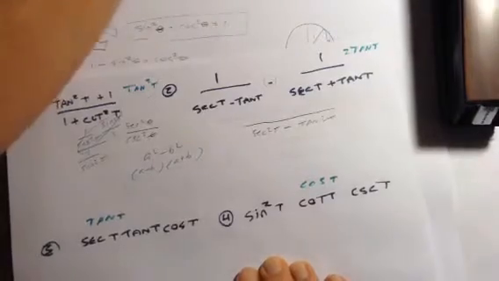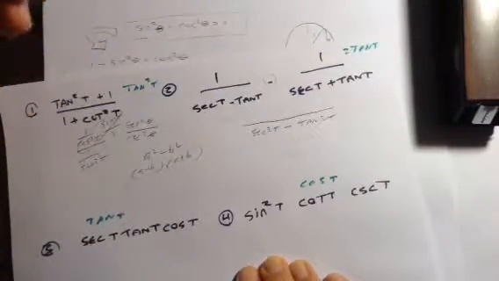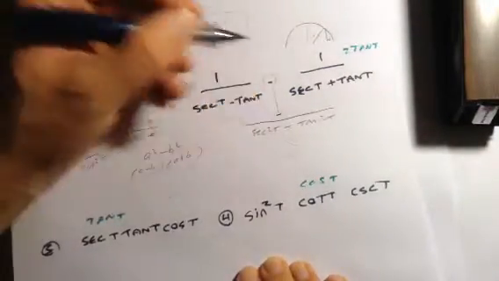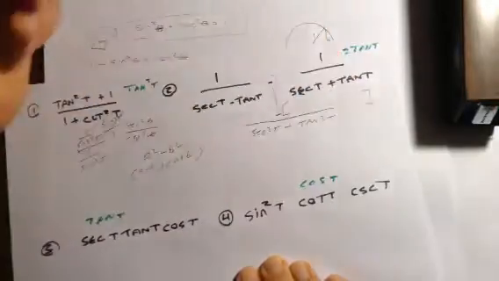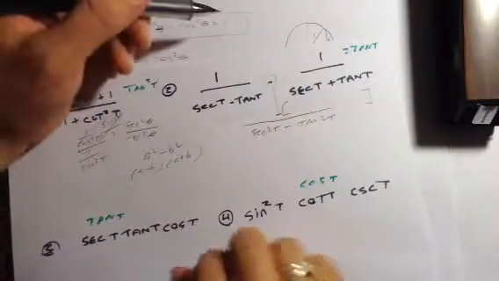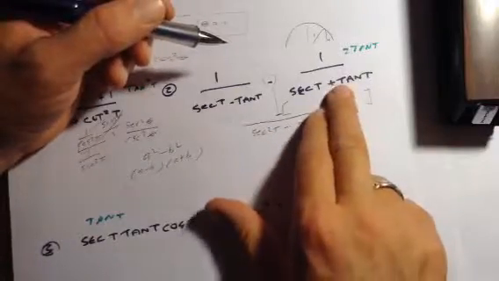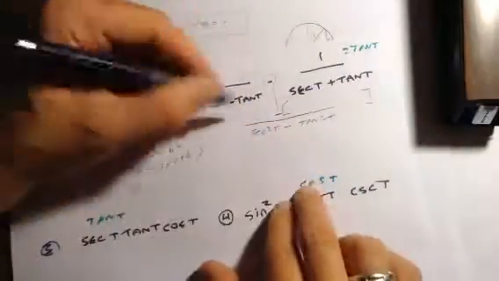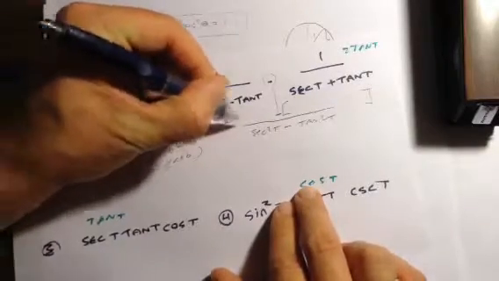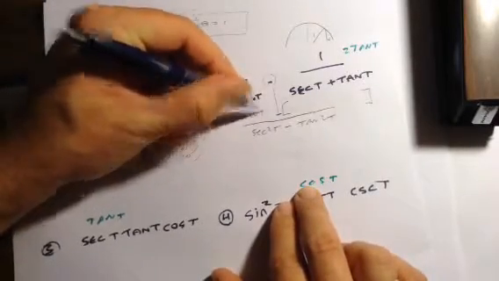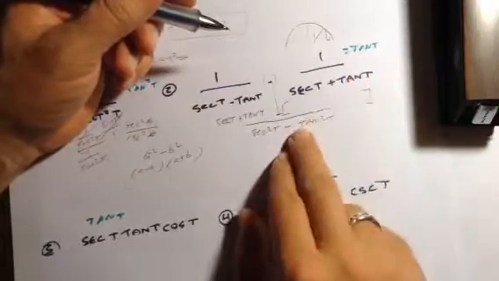Okay? And I look at it like that for a second, and I just think, well, I'm going to put that negative sign right there, and I'm going to open up a big set of parentheses, so I don't have to think too much now. Now, if I say this goes into this, how many times? Well, obviously, it had to go in this many times. And this times this is just secant of t plus tan of t. Now I say this quantity goes in here. How many times?